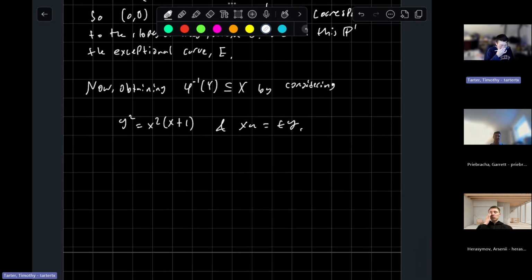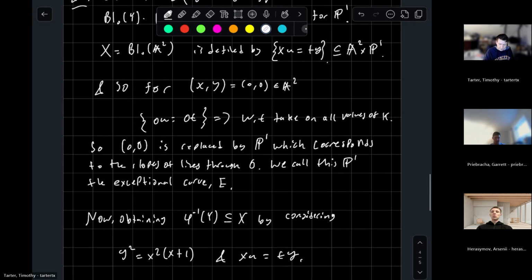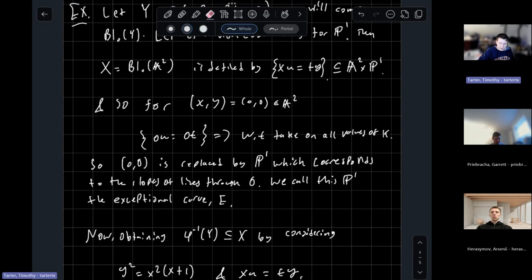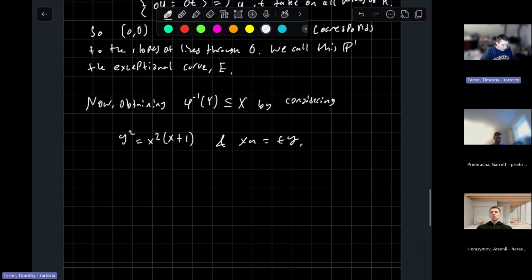So P1 has an open cover where t is 0 and u is 0. This wasn't a W, this was a U.